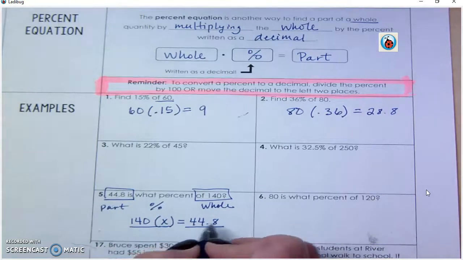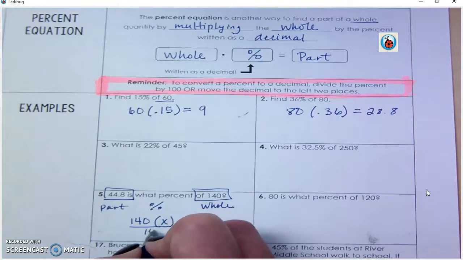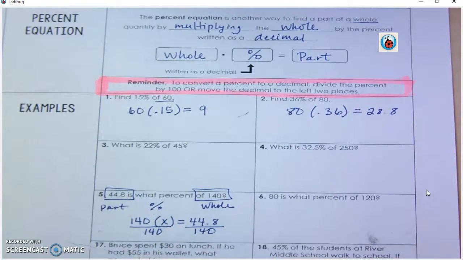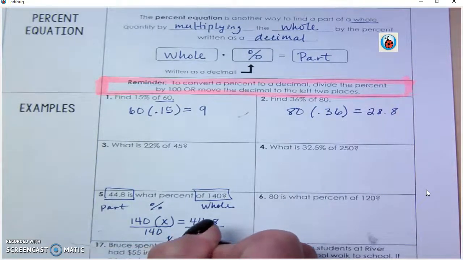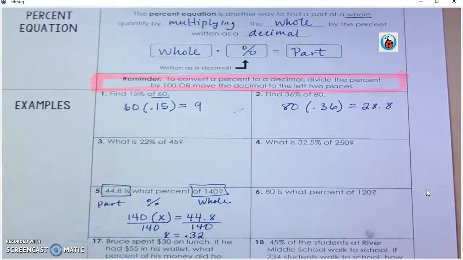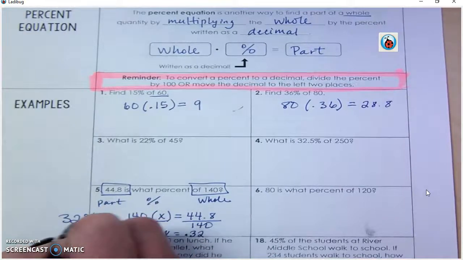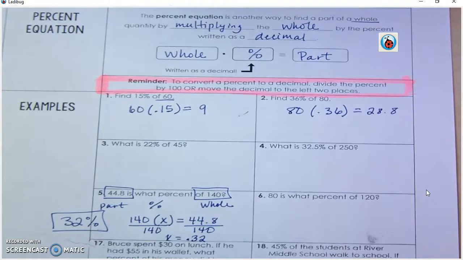And we have a one-step equation: 140x equals 44 and 8 tenths. We divide by 140 as we would to solve a one-step equation. x is going to give us 32 hundredths, which I hope you realize at this point is 32%. These are just some examples of how to find percent of a number using the percent equation.